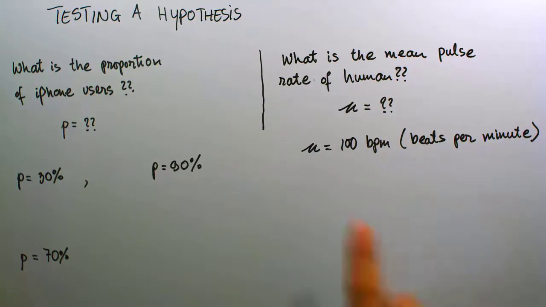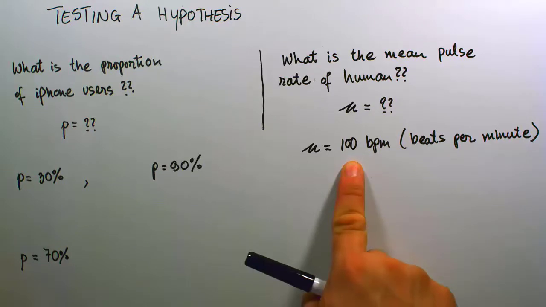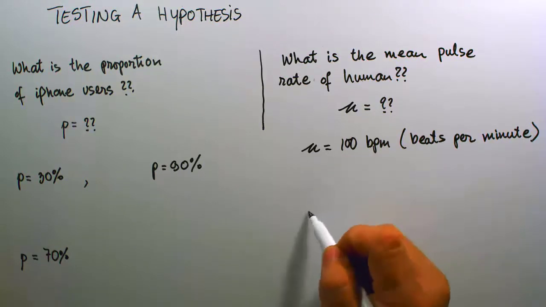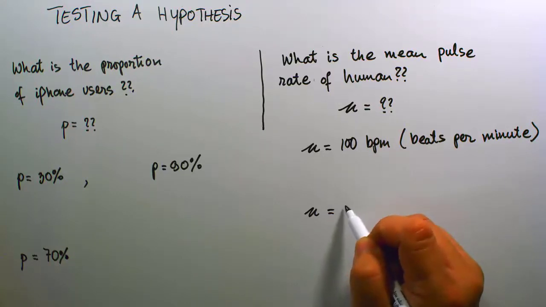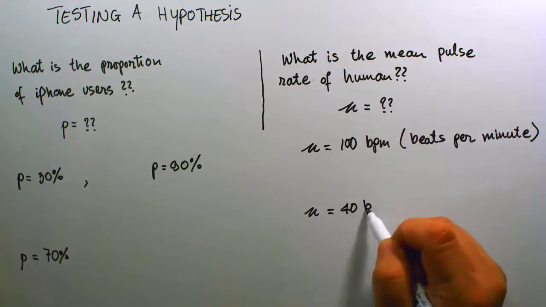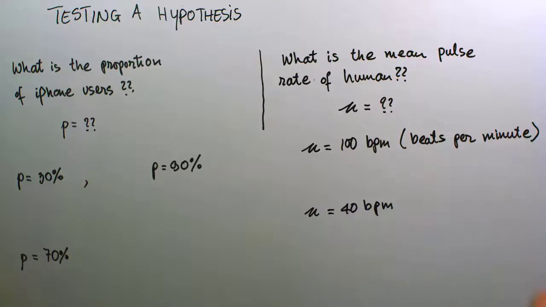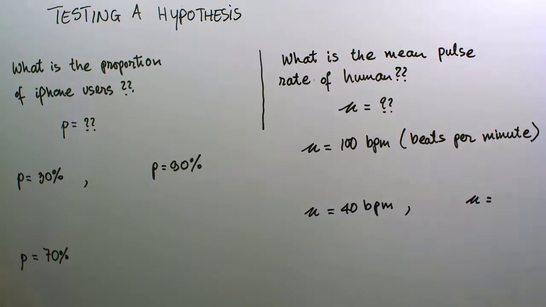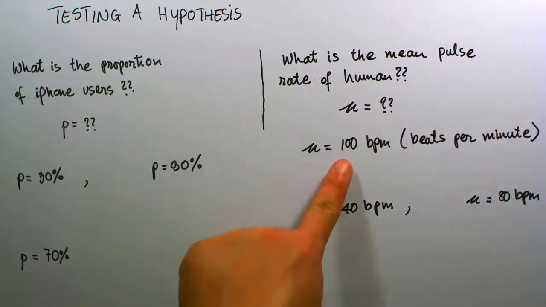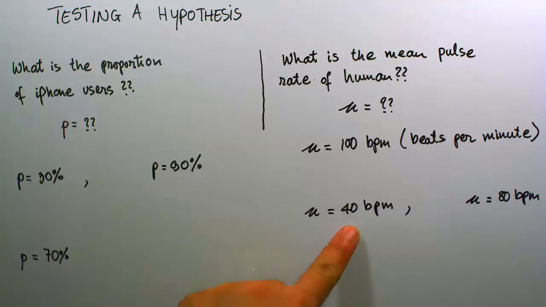So somebody can say mu equals 100 BPM. Somebody else can say mu equals 40 BPM. Or somebody else can say mu equals 80 BPM.